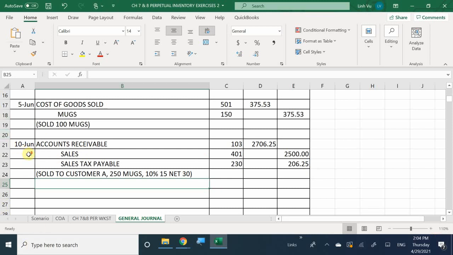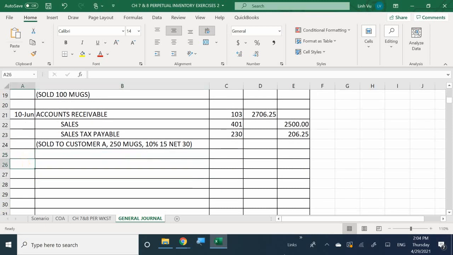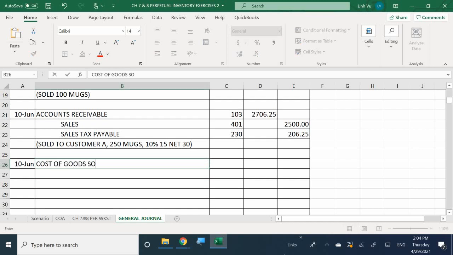So what comes after that? Inventory, right? Now what do we do with the inventory? Cost of goods sold. You've got to figure out the cost of goods sold, and once again, it's going to come directly out of my inventory.